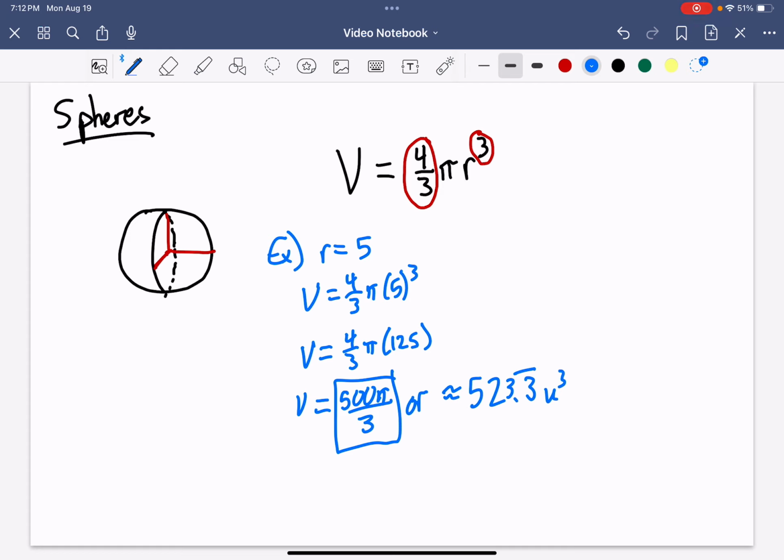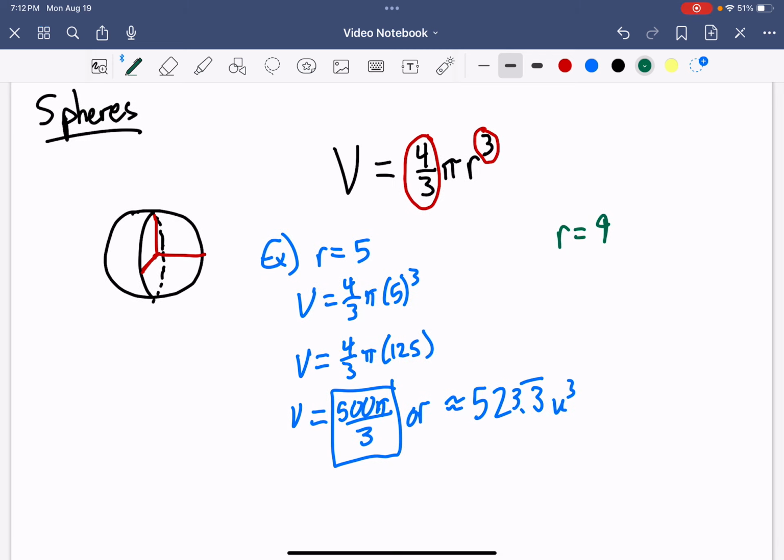Now, I just want to point out one thing. Let's do another quick example. Let's say that the radius is equal to something like 9. Well, when we go to plug that in, we're going to get V is equal to 4/3 pi 9 to the third power. Well, that means V is equal to 4/3 pi times 729. Now, sometimes if this is a multiple of 3, this 3 will cancel out with it. So 729 is divisible by 3.